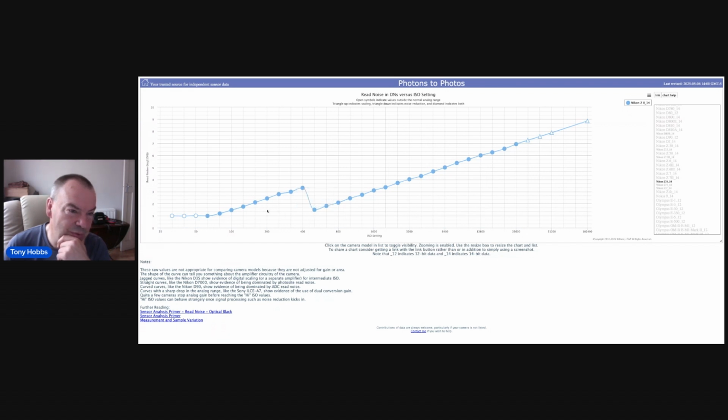And then if we come along here, the read noise at 100 ISO is 1.4 and 2.7, because it's on this line here, 1.5 and 2.8. So the read noise at 100 is very similar to 500.